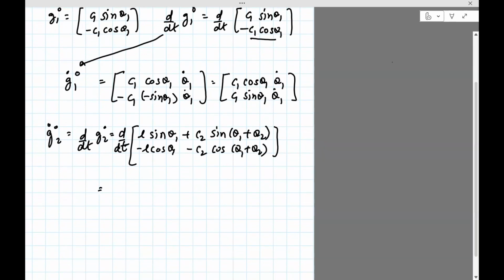Okay, so let's take the derivative again. Take the derivative individually, first row, first column, second row, first column. And then remember the chain rule, theta 1 derivative is theta 1 dot. So if you do that, what you get is C2 cosine theta 1. I just move things around a little bit, and simplify it by clubbing all the terms in theta 1 dot, and then C2 cosine.